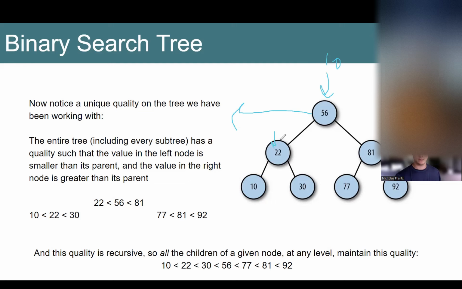We compare it to 22, which is the root node for the left subtree. Is 10 bigger than 22 or smaller than 22? It's smaller than 22, so we go left again and take the left subtree of that node. The left subtree of that node is the leaf, which has a value of 10. So this is the basic mechanism under which binary search operates.